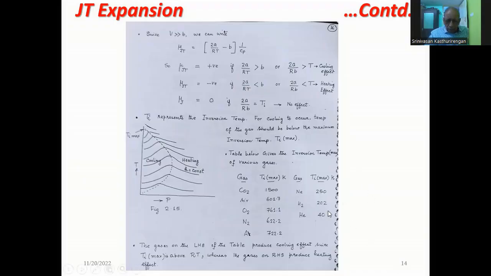Now there are three gases given on the right side of this table: neon 250 Kelvin, hydrogen 202 Kelvin, helium 40 Kelvin. You notice that for all these three gases, the maximum inversion temperature is below room temperature. Which means for these gases, if you apply Joule-Thomson expansion, it will not produce cooling, rather it will produce heating. Whereas the gases on the left side of the table will all produce cooling on Joule-Thomson expansion.